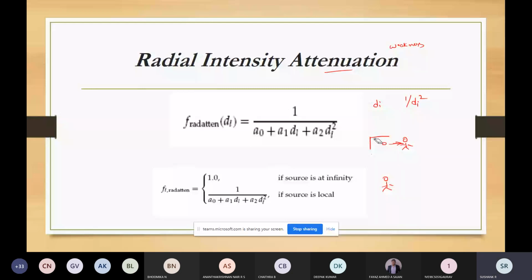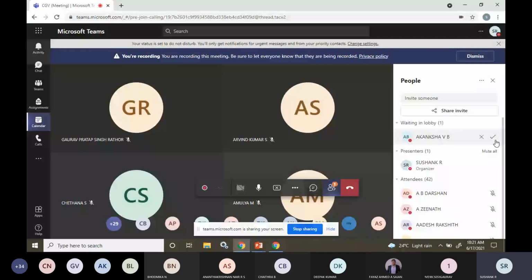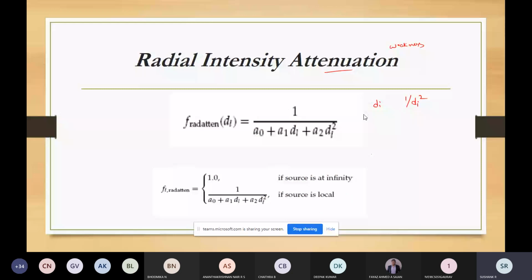So what does radial intensity attenuation mean? As the radiant energy from the light source travels outwards through space, its amplitude at any distance from the source will be reduced by the factor 1 by d square.